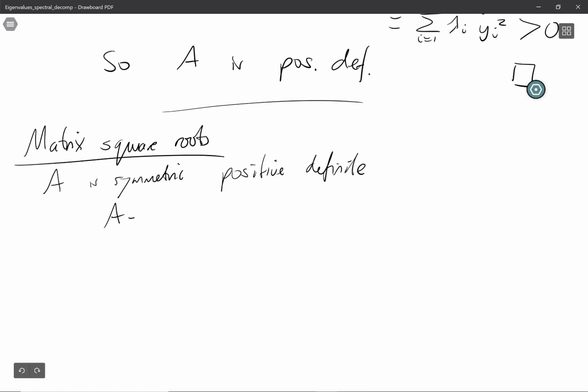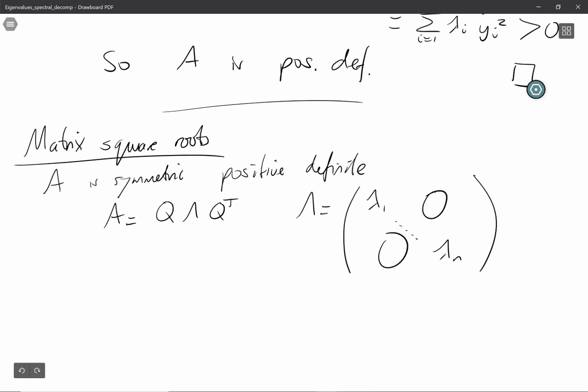We can write A as Q lambda Q transposed, where lambda is the diagonal matrix of eigenvalues. Okay, and 0 is everywhere else. And we know that lambda n must be bigger than 0. So this form allows us to find various matrices easily.